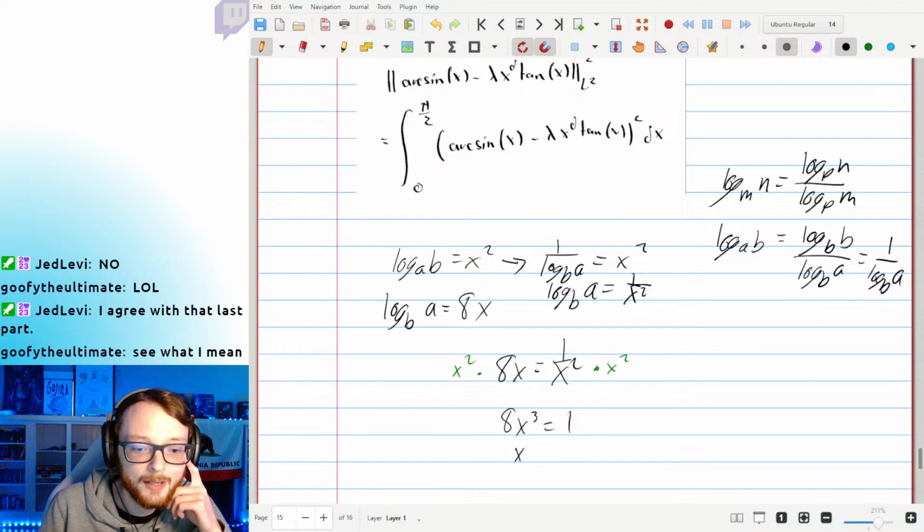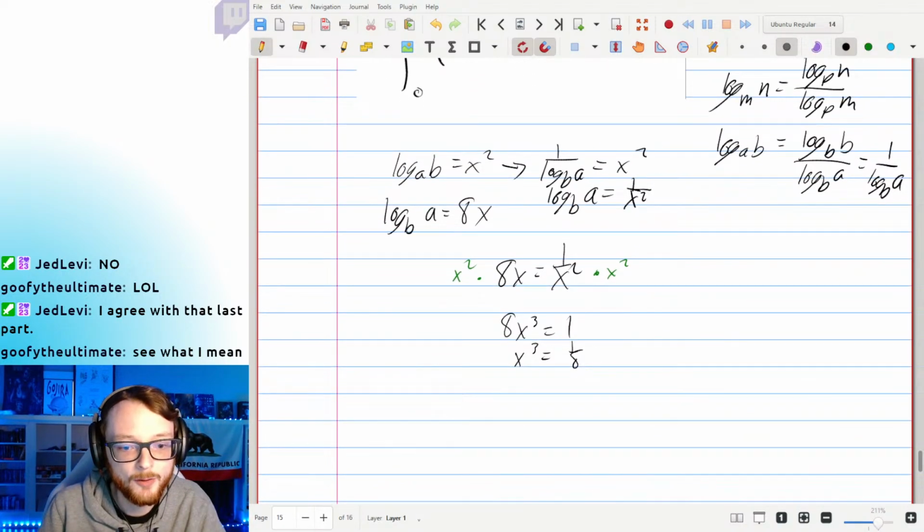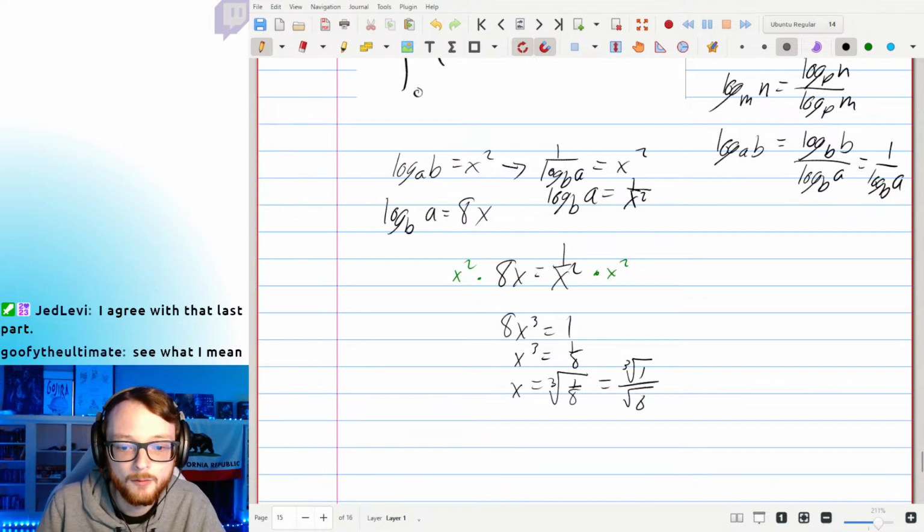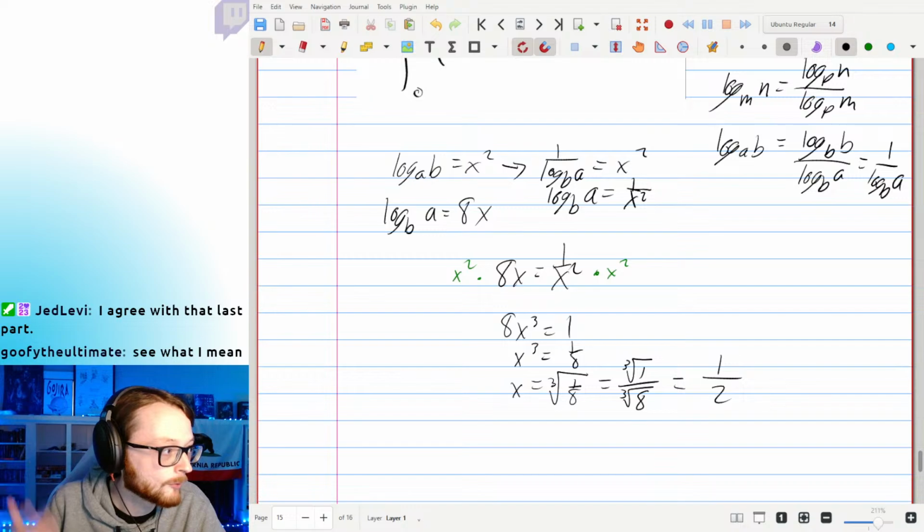Divide each side by 8 to get x cubed equals 1 over 8. And then we take the cube root of each side. When you have the cube root of a fraction, you can say it's equal to the cube root of 1 over the cube root of 8. The cube root of 1 is just 1. The cube root of 8 is 2. So x equals a half.